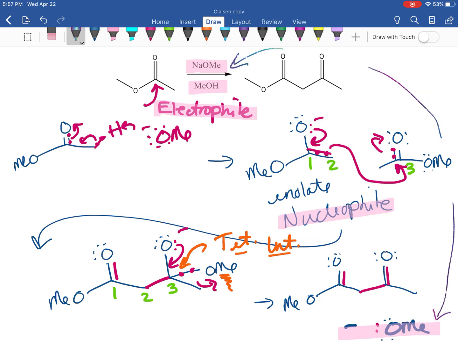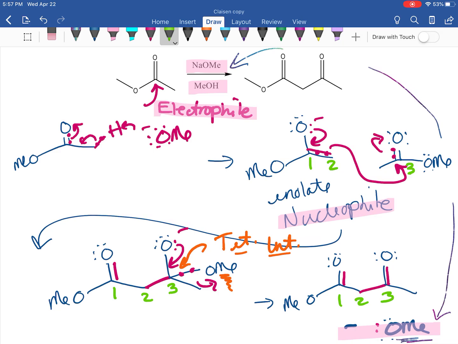Hang on. Look at what we just lost. Look at our leaving group. That matches our base. So now you can see we just matched our base and our leaving group. That's what I mean by matching base. Our leaving group is our base.